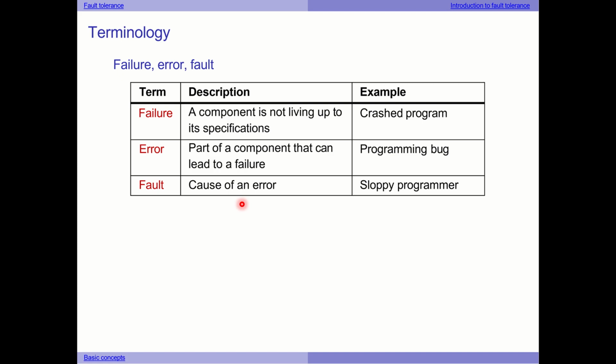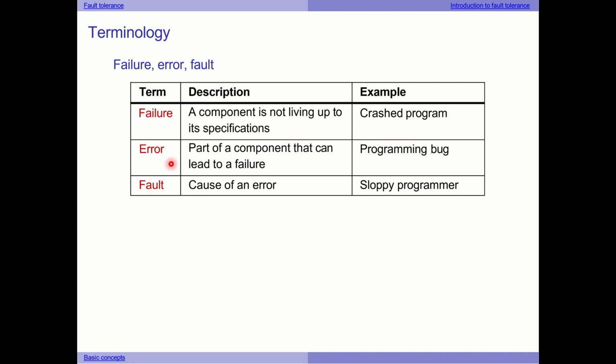Next, let us see the differences between three terminologies that we always use to describe failure. The first one is failure itself, which means a component is not living up to its specification, for example a program crash.